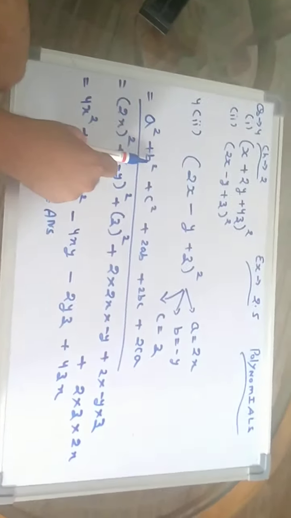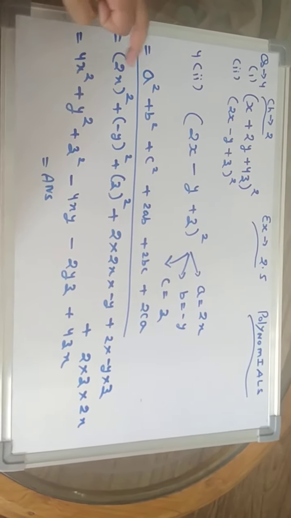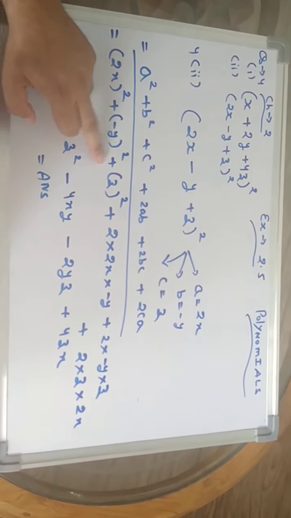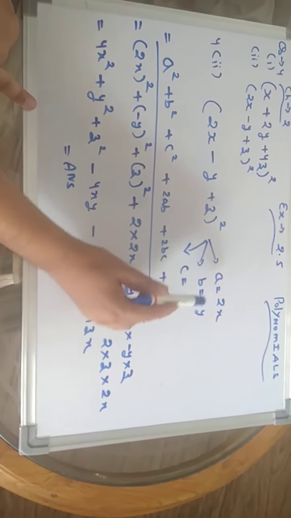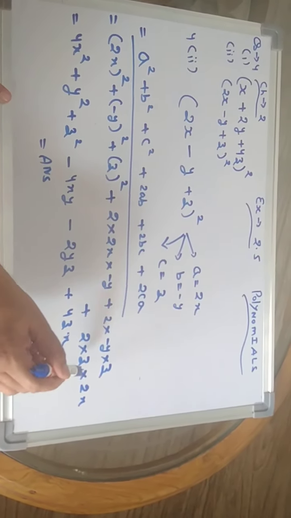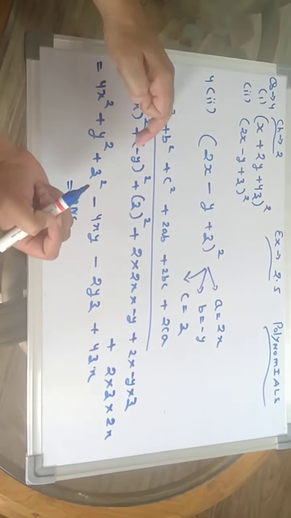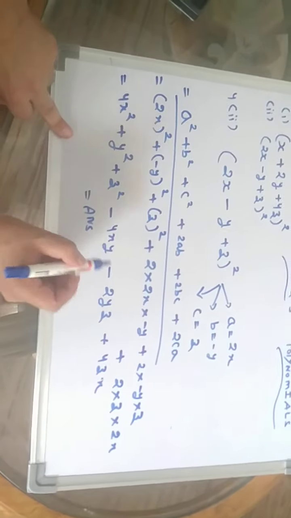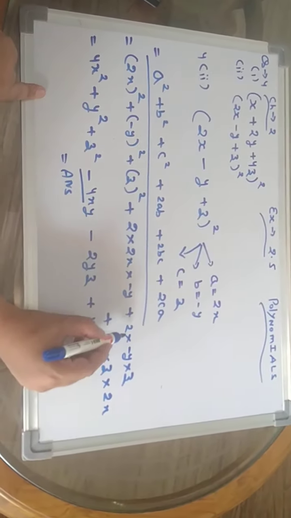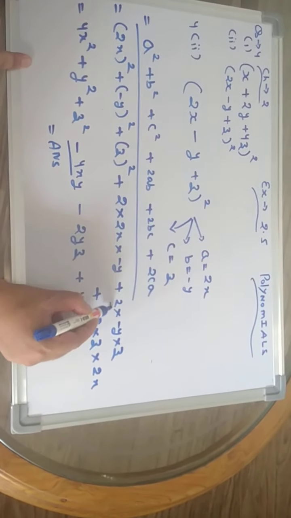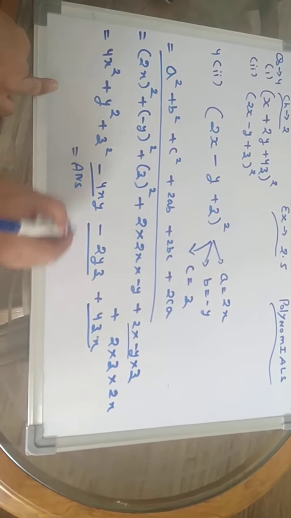Now applying the formula a square plus b square plus c square plus 2ab plus 2bc plus 2ca, we evaluate. (2x) square means 4x square, (minus y) square means positive y square, z square means positive z square. 2 twos are 4 and negative positive is negative, so it comes to be minus 4xy. 2 multiplied by minus y multiplied by z becomes minus 2yz. 2 multiplied by 2, 4zx. This is our answer.